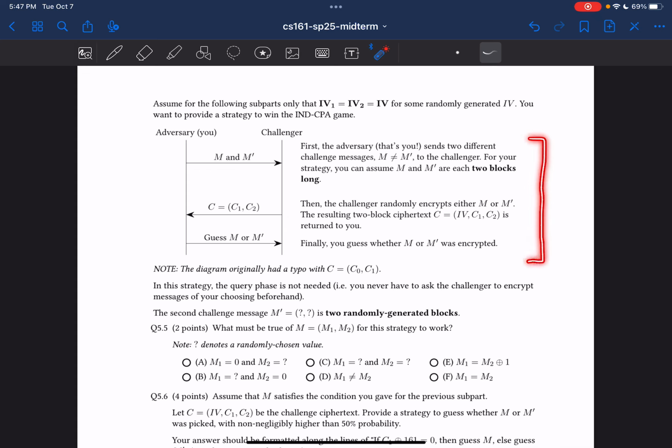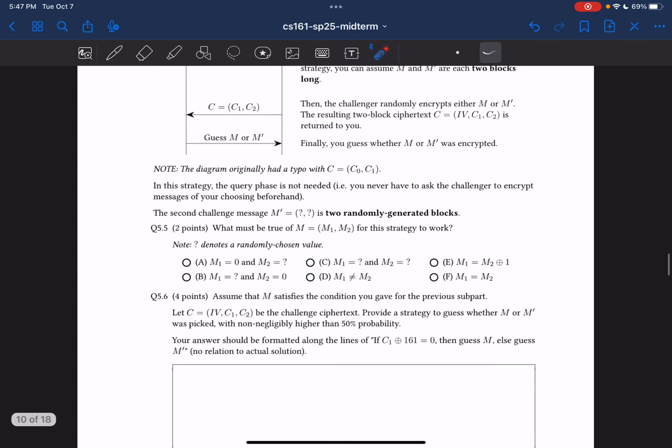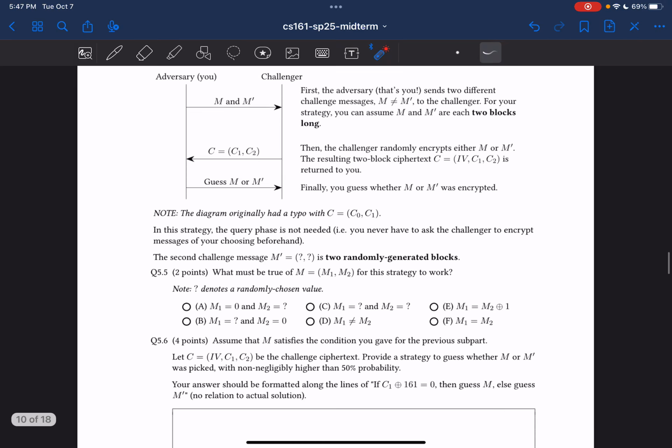Basically, we get to choose 2 different challenge messages, and then the challenger will choose one at random, give us the encryption of that message, and then we want to guess which of the 2 messages we sent was encrypted. In this strategy, we don't actually get the option to query the challenger beforehand.